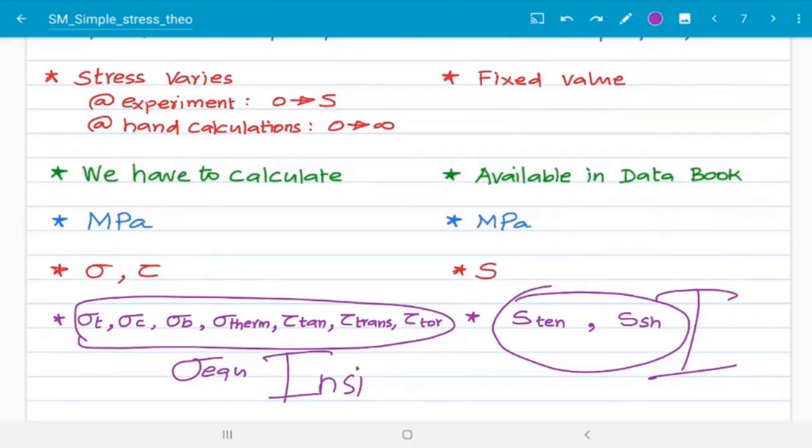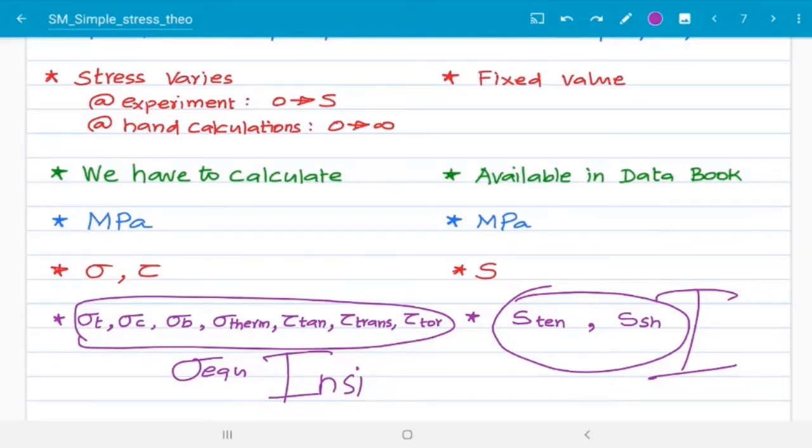How can we define the principal stresses? The maximum possible internally developed normal stress, inside the material, very important point, is the major principal stress.